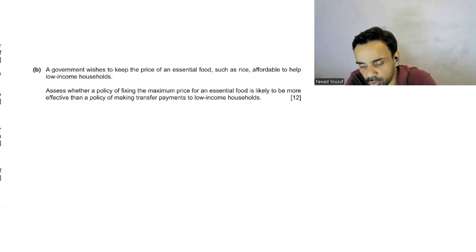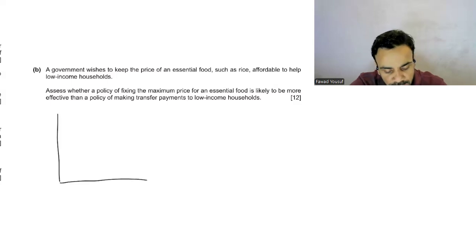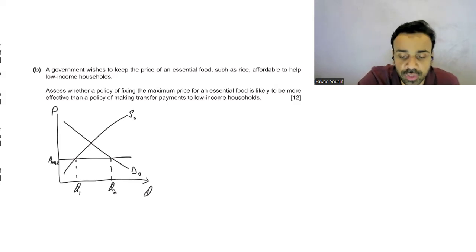Maximum price जब आप लगाते हैं तो I think definition के through already you sort of make an explanation. But again, similar to the question that we did अभी 24 वाला, a diagram is not asked for, but if you feel that the diagram can support your explanation, show how P maximum is imposed below equilibrium, and as a result quantity supplied falls but quantity demanded increases, so the affordability sort of increases.